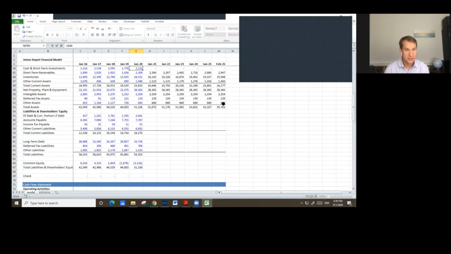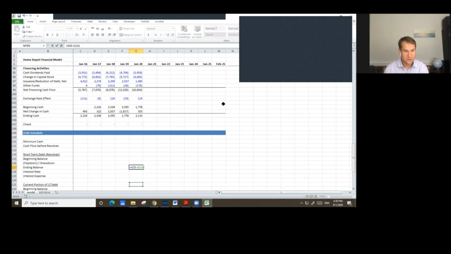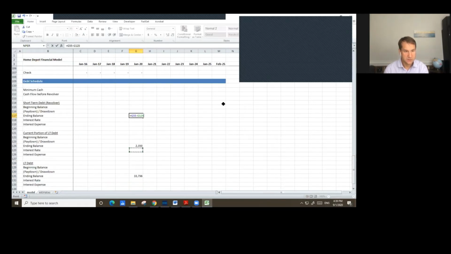So we'll take short-term debt and current portion of long-term debt minus this amount. So 1291. Again, just approximation for now.